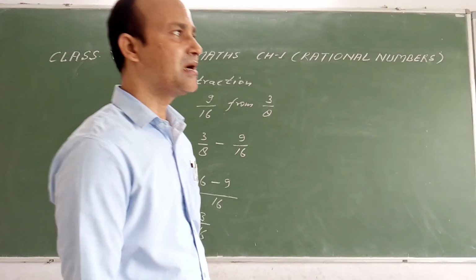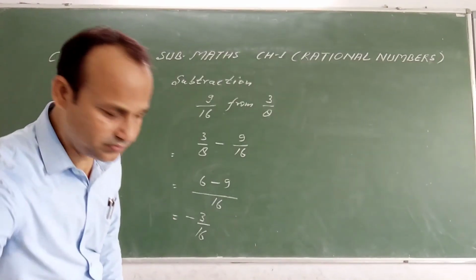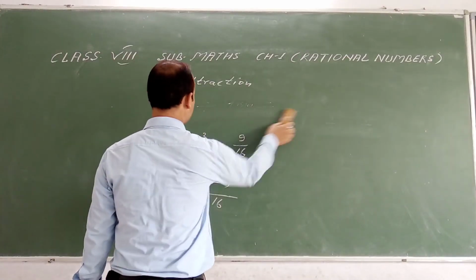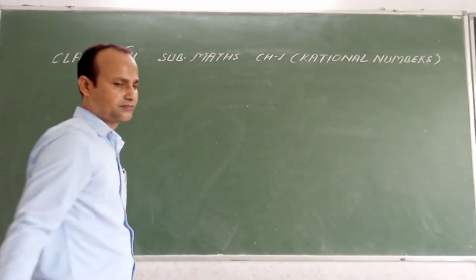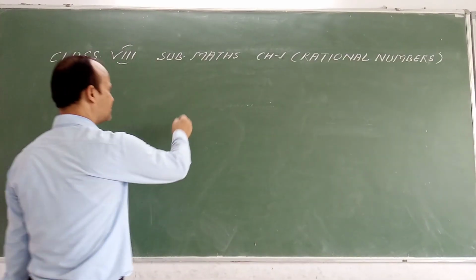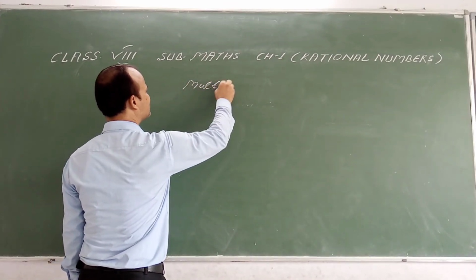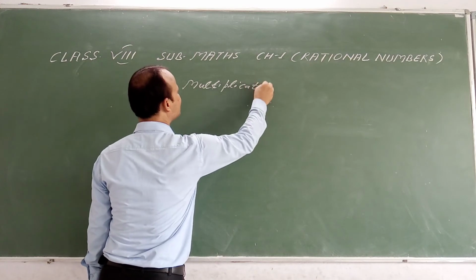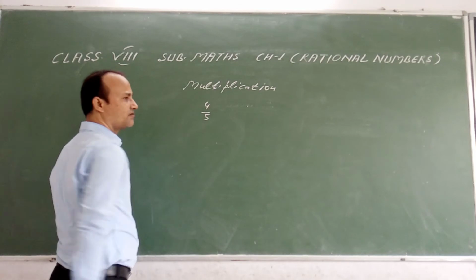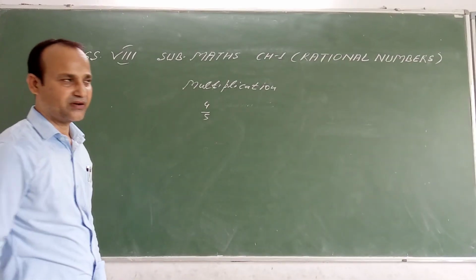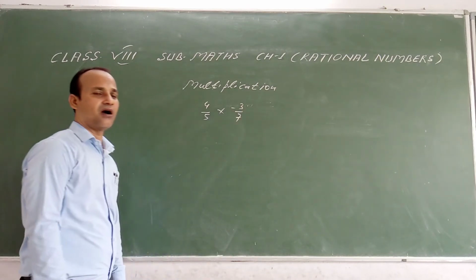Now, how can you multiply the rational numbers? It's very simple. Multiplication. Multiply the number 4 upon 5 with minus 3 upon 7. How can you multiply?